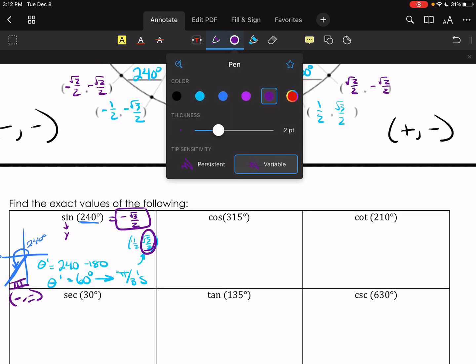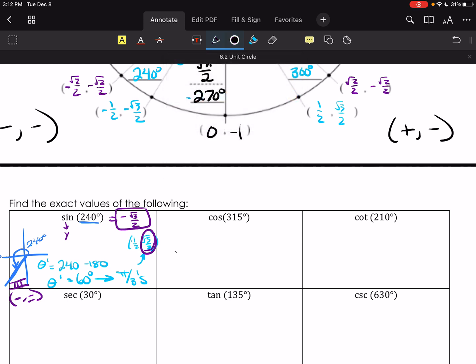All right, let's look at the next one. So cosine of 315. 315 is going to be in quadrant 4. Okay, quadrant 4, so it's going to be positive x, negative y. So let's figure out what this reference angle is.